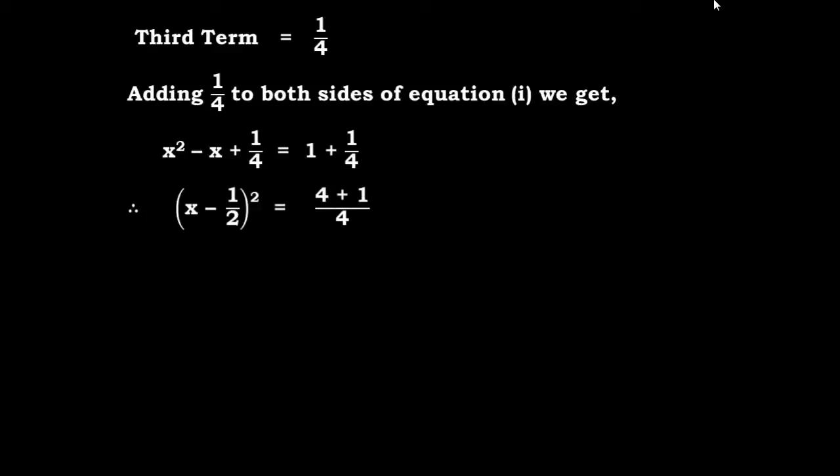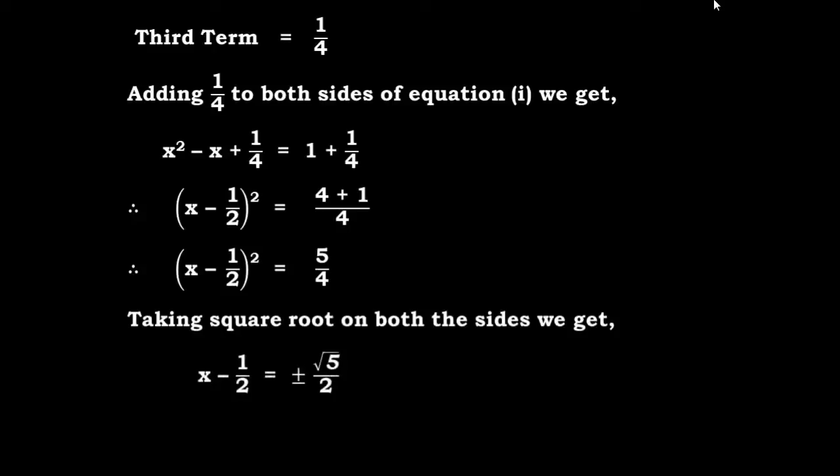See student, to find this is the square of which term, take the square root of first and last and put the sign of the middle term. And at RHS cross multiplication will give (4 plus 1)/4. So 4 plus 1 will become 5/4. Taking the square root of both the sides, we get x minus 1/2 is equal to plus minus root 5 upon 2.